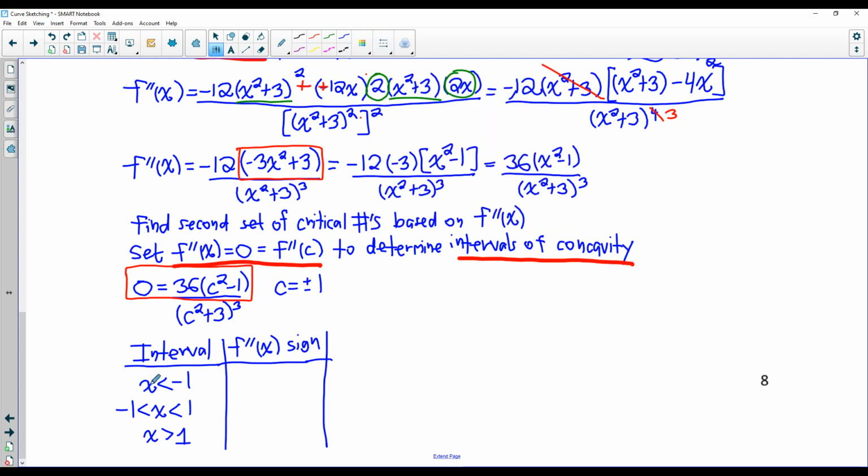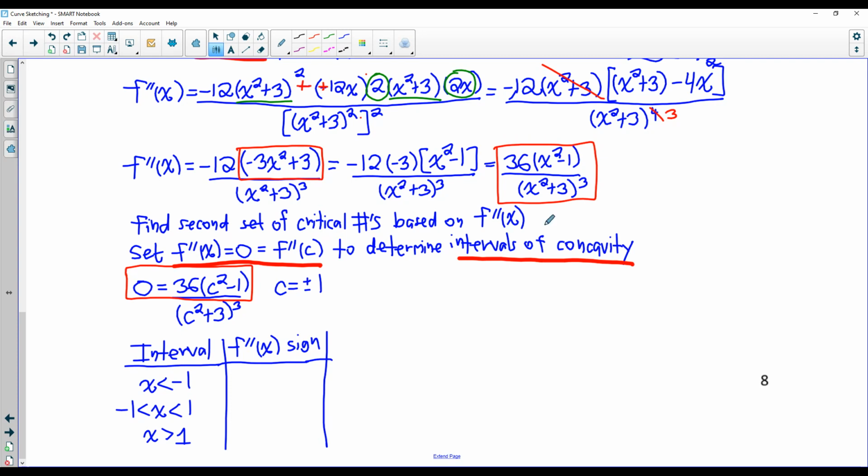So what this means is for this interval, we'll pick a number that's less than negative 1. So maybe that's negative 2. And we're going to plug it into the equation for the second derivative, and see whether the second derivative is a positive or a negative number. Well, it might be easiest just to plug it in right here. So let's think about this for a moment.